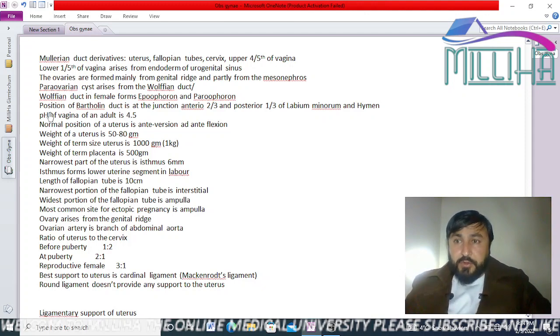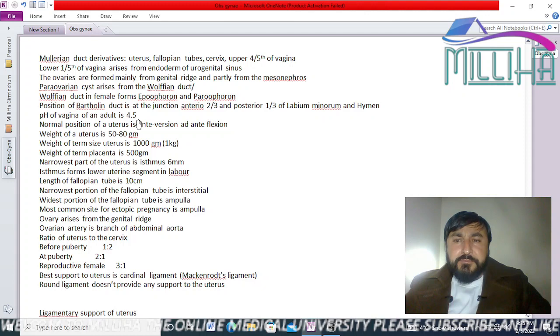Okay, so here again, the position of the Bartholin glands or duct is at the junction of anterior 2/3 and posterior 1/3, in the groove between the labium minus and hymen. I have not discussed much about the external male and female genitalia here.